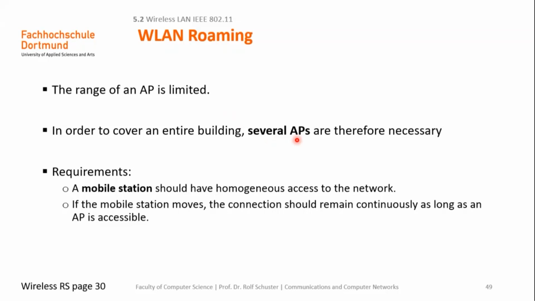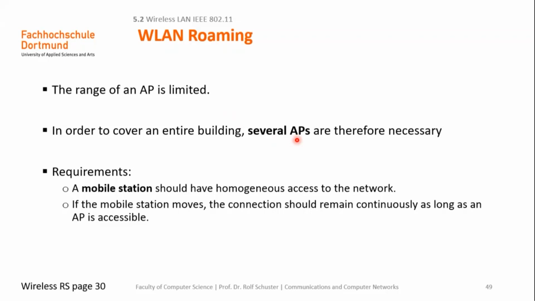And then a mobile station could be connected to the wireless network, even if the zones, the areas by which the mobile station is moving are different and covered by different access points.